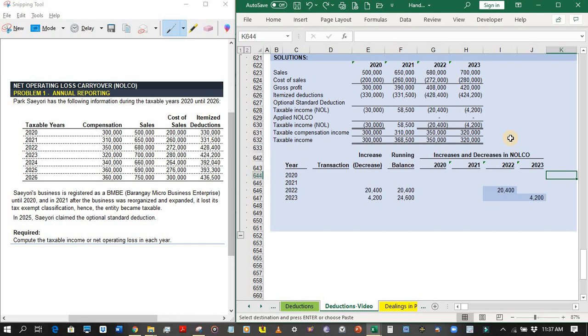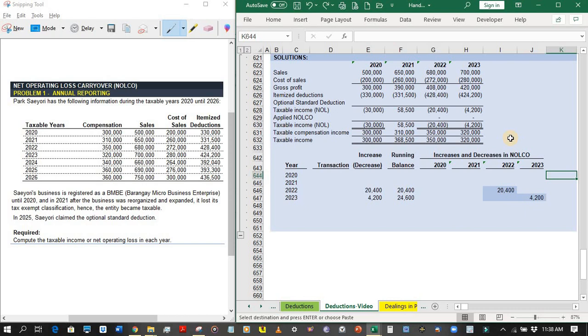So the 20,400 from 2022 must be deducted from gross income starting 2023 until 2025. And the 4,200 NOLCO incurred in 2023 must be deducted from gross income until 2026. So if any of these NOLCO will remain undeducted from gross income, it will expire and cannot be deducted anymore from the gross income beyond the 3-year period.